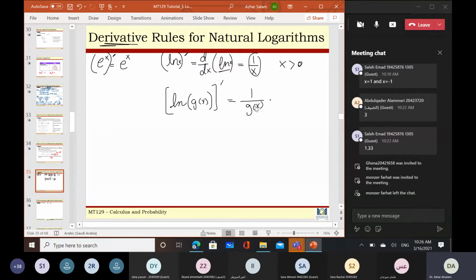Then, using the chain rule, multiply by the derivative of g of x, g dash of x.